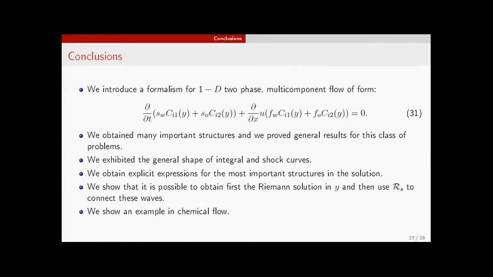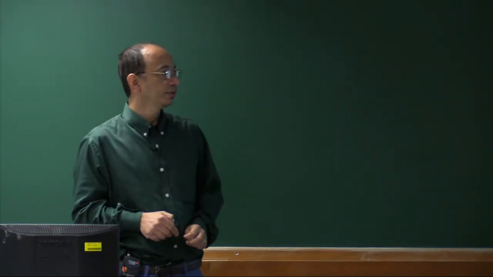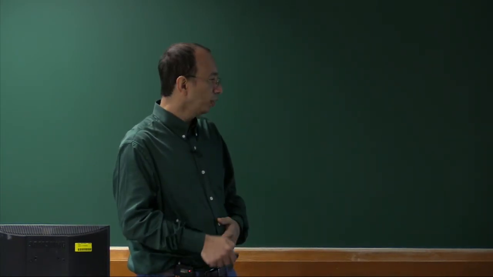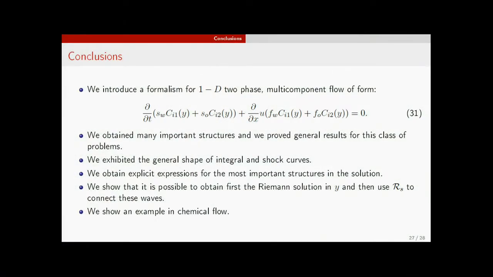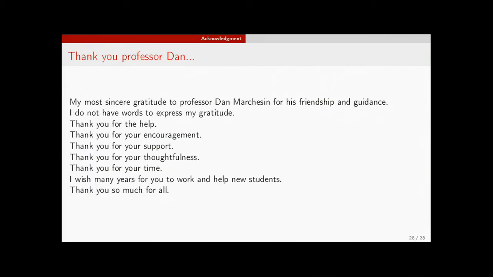We show that it's possible to obtain further Riemann solutions in the projected space of the chemical space, and then we solve in the full space. Well, we show two examples of geochemical interest. Okay. Thank you.